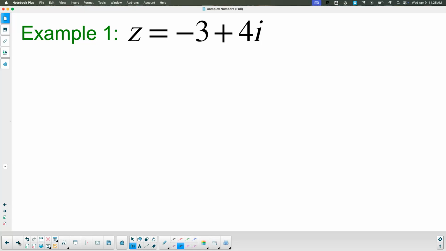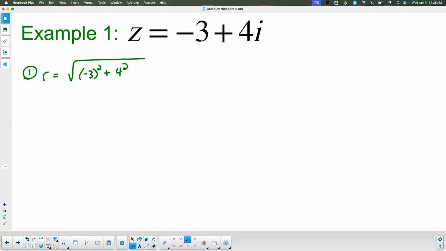Let's dive into one now here. -3 plus 4i is my complex number. I would like us to find the trig form of it. Okay? First thing that we need to find with trig form is we need to find our r value. Square root of -3 squared plus 4 squared.